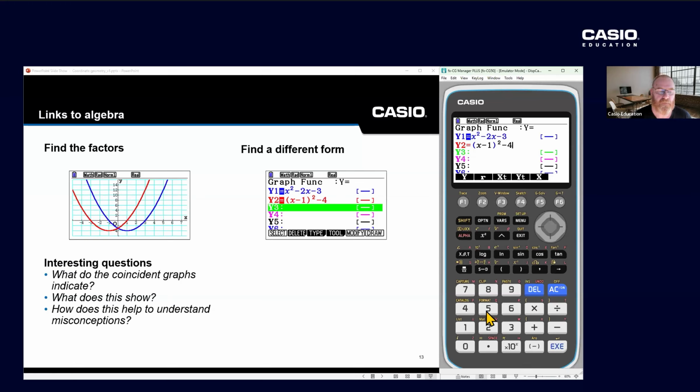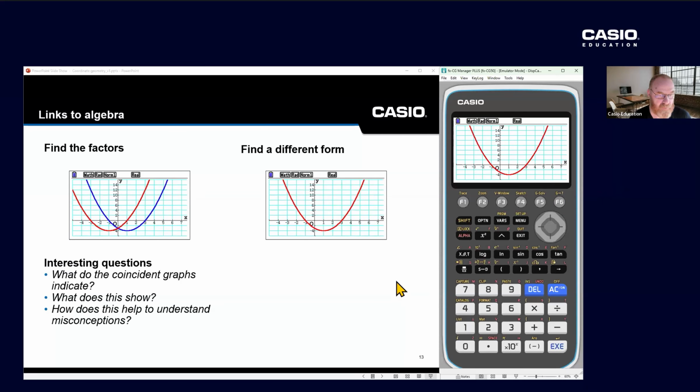Okay, so this gives students a very good opportunity to try to complete the square on a particular quadratic, enter what they think may be the correct value, and then if they have a go at sketching, if they get coincident curves, they know that they are correct.